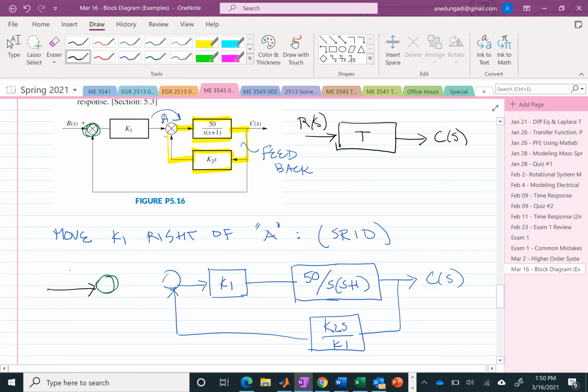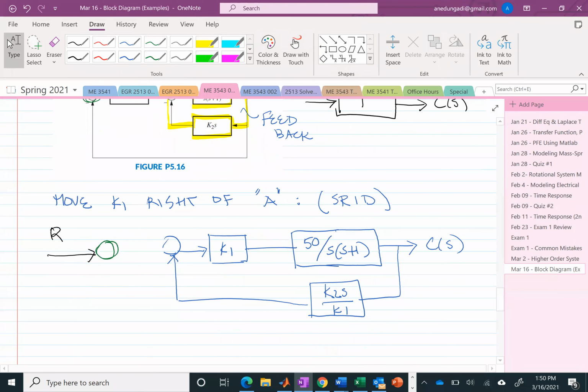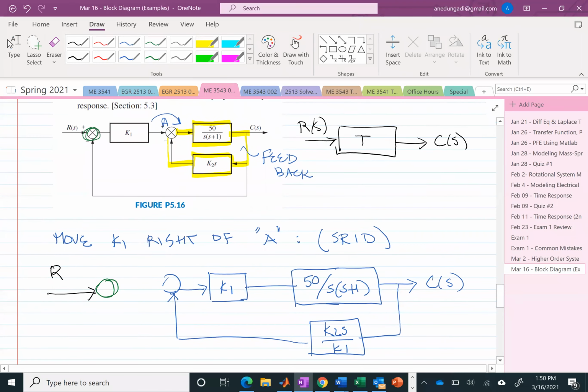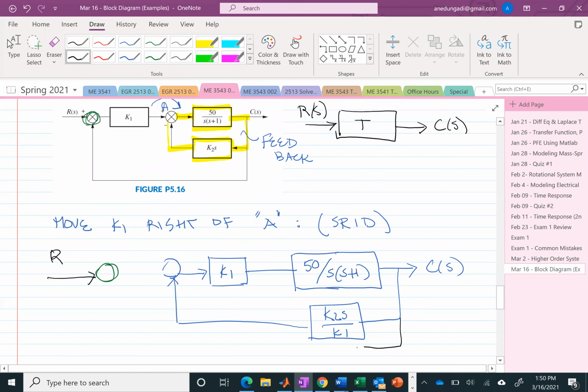This receives R, and I have minus. Do you agree with that?